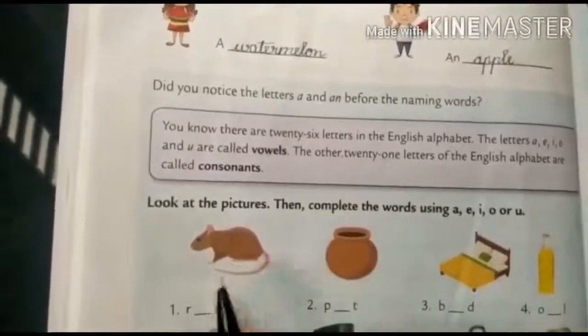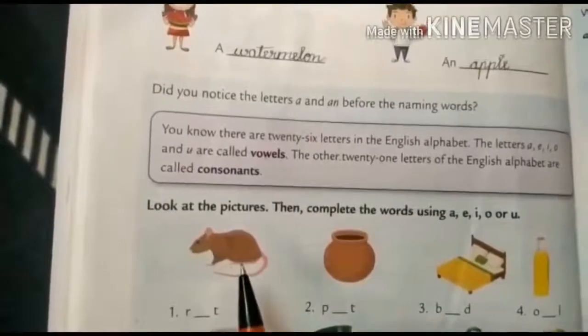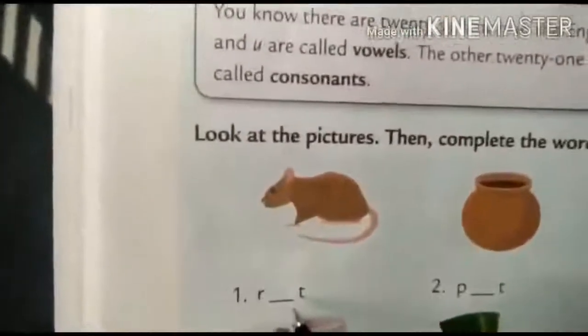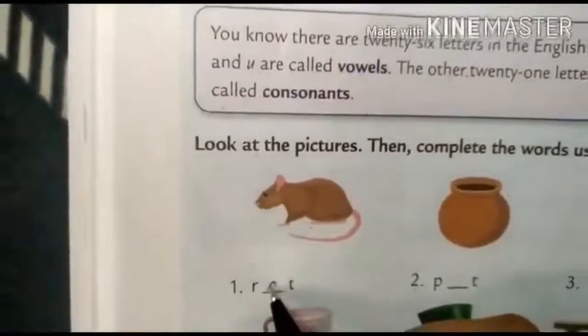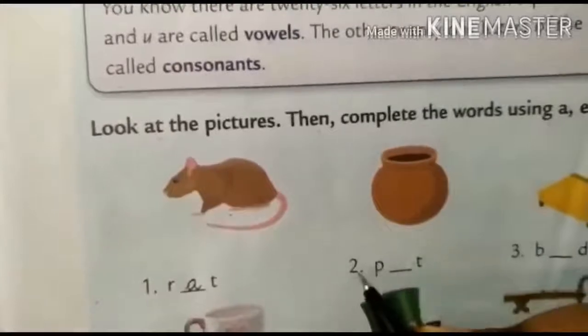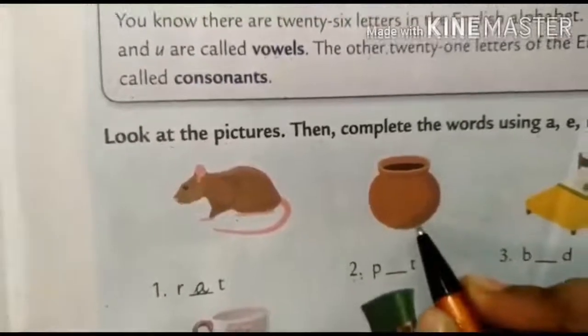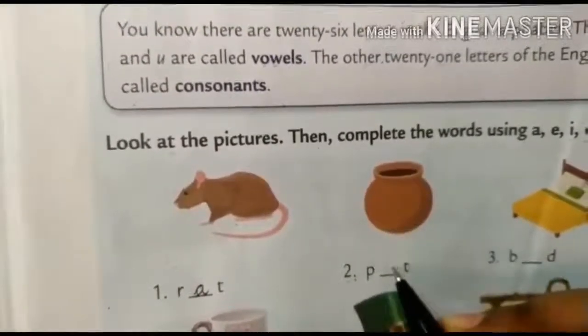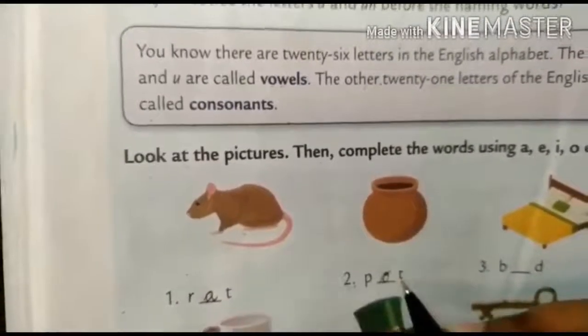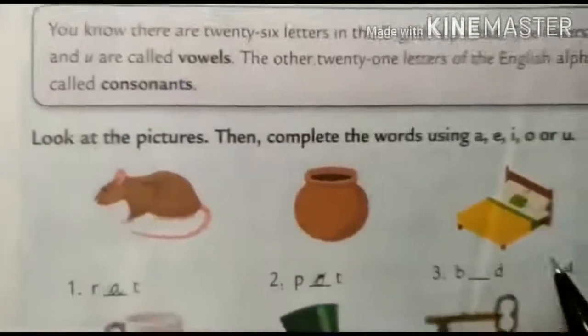The first one, what is this? Rat. Therefore, R, A, T, rat. The second one, what is this? Pot. P, O, T, pot.